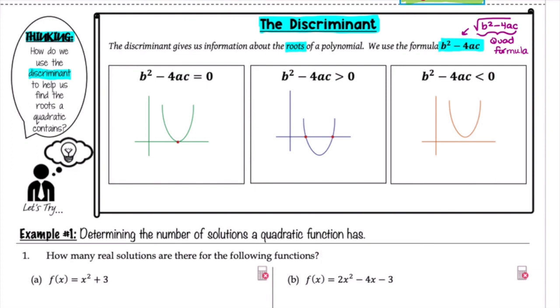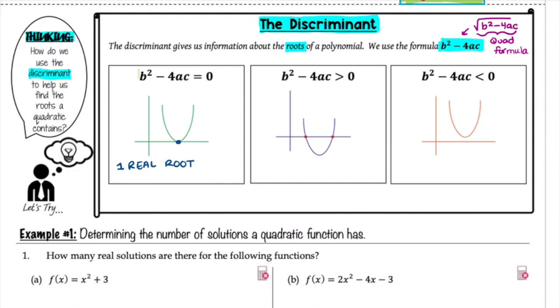So how do we use the discriminant? We have three possible cases. The first case we have is I have a parabola in which I only have one root, one real root. If I have one real root, I could obviously look at the graph, but I can take a close look at the discriminant.